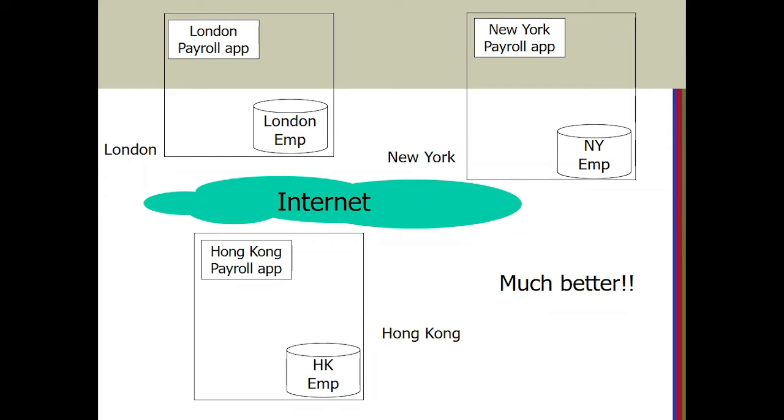So that means even if the London database has issues, they can always use the available data closer to them. But again, you're going to look at some of the bottlenecks that this particular setup brings on board.